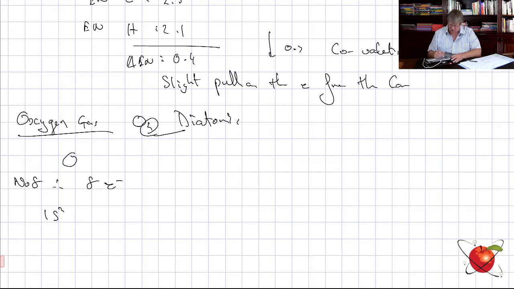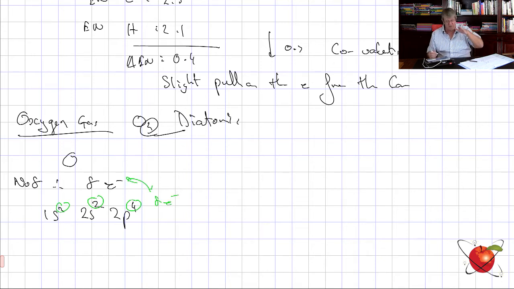I start filling my shells: 1s2, 2s2, 2p4. That's 4, 5, 6, 7, 8. Let me just go through this again: 4, 2, 2, 8 electrons ties up with the atomic number of oxygen, which is the number of protons, but also the number of electrons, because it's not charged.